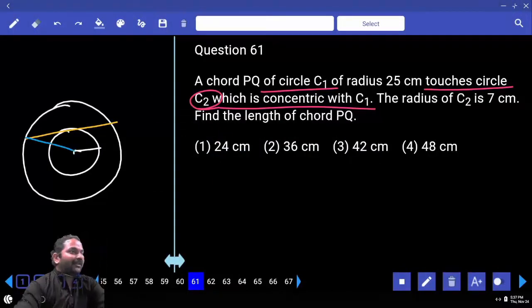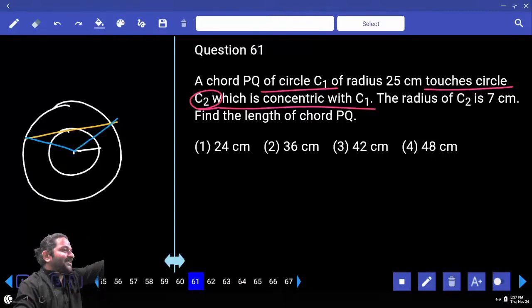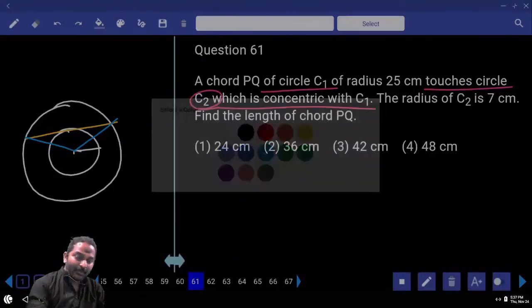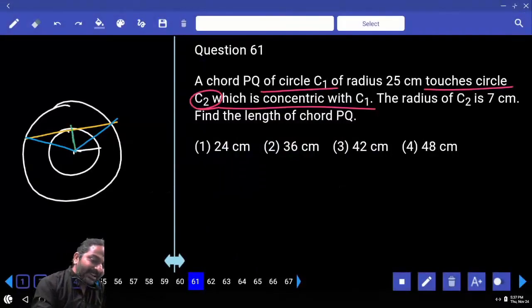What is blue color? Radius. What is green color? Radius for C2.